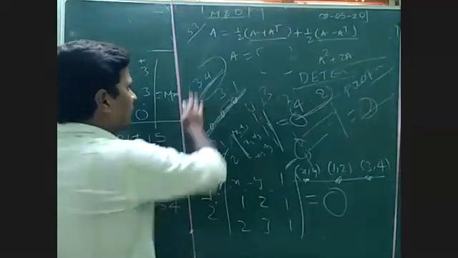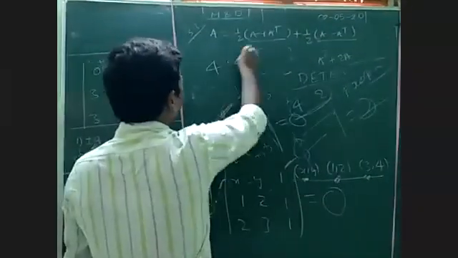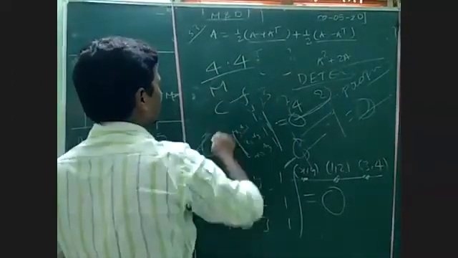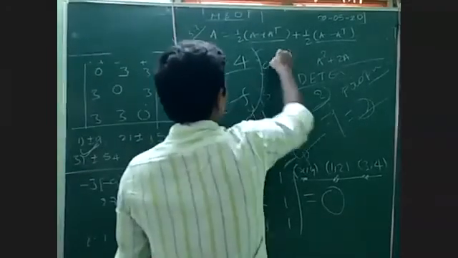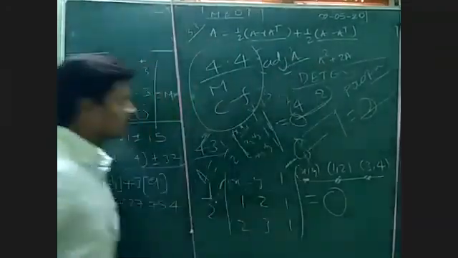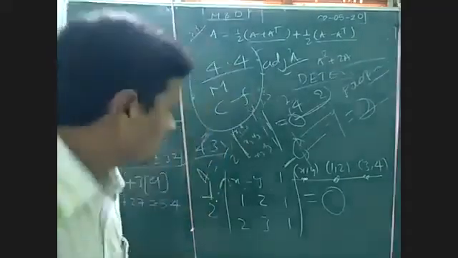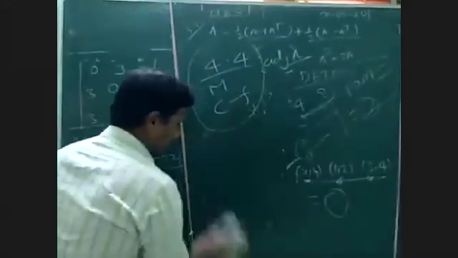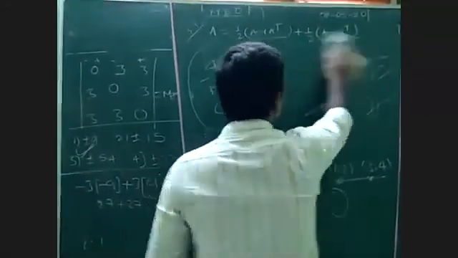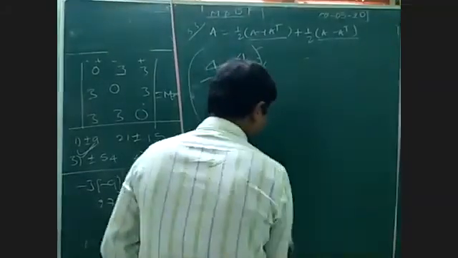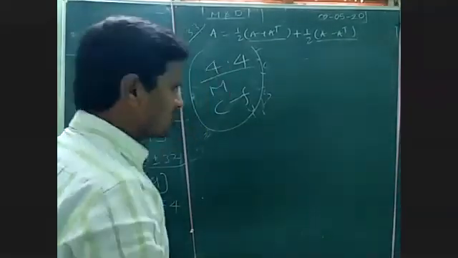And coming to 4.4, we need to find the minor, cofactor and adjoint of a matrix. This is 4.4. Okay, find the minors, cofactors and adjoint of A. And I think the fifth exercise is related to the inverse of a matrix.